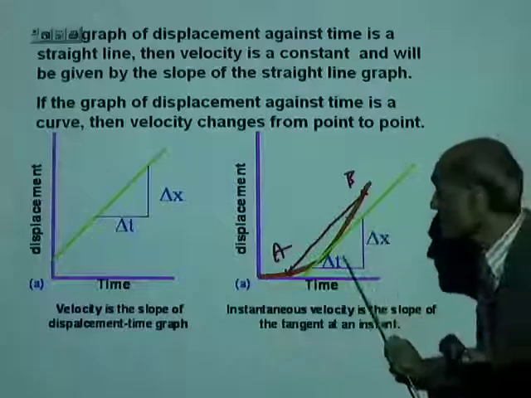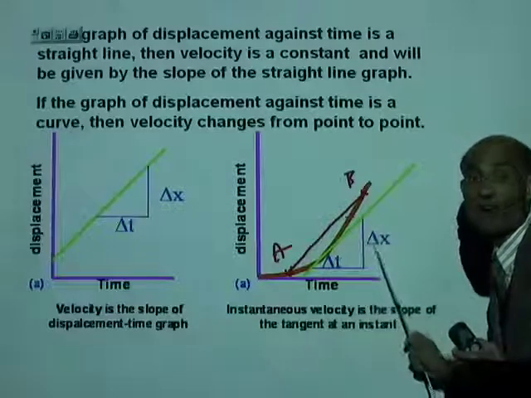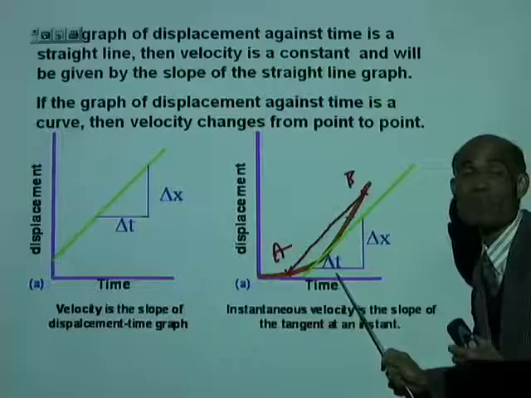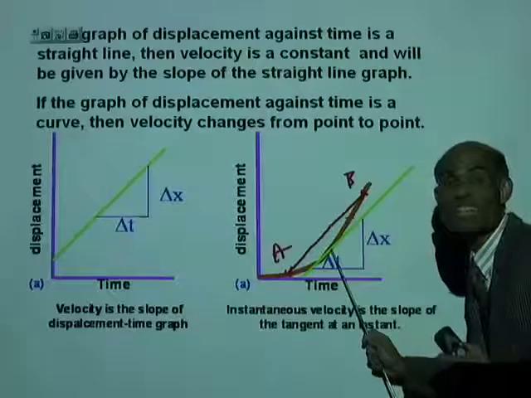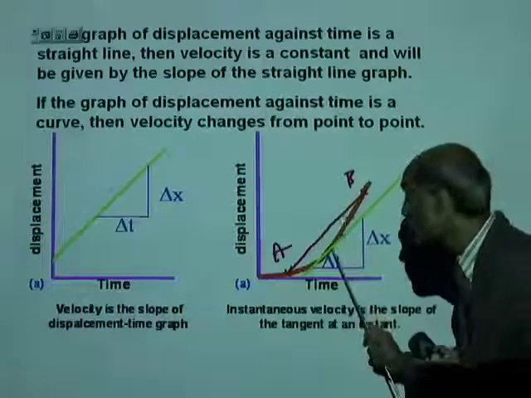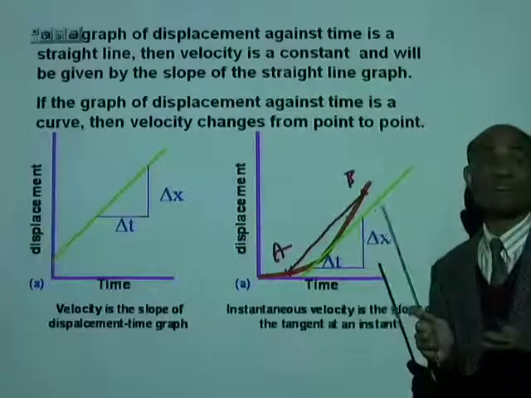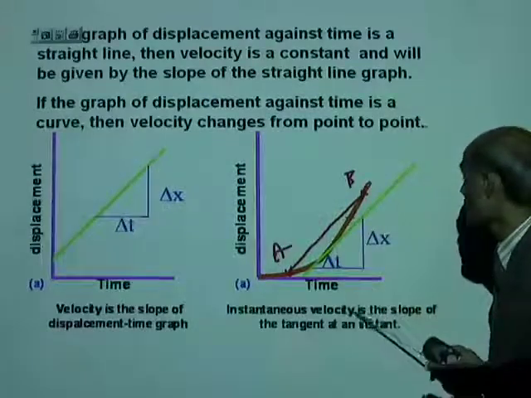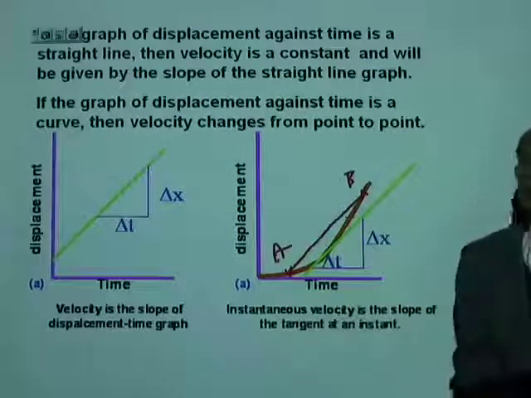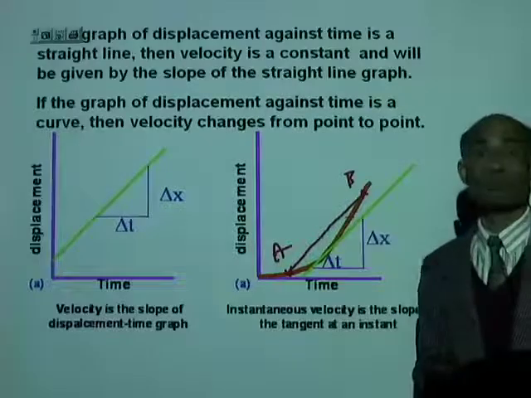And then the limiting value of delta x divided by delta t will be the slope of the tangent line at that point. You see that? Instantaneous velocity is the slope of the tangent line.